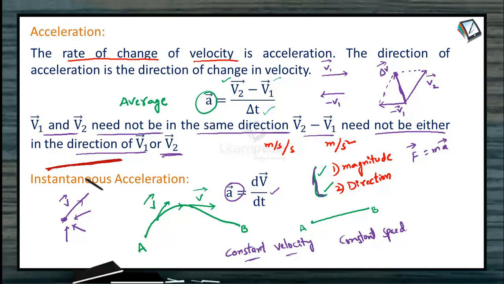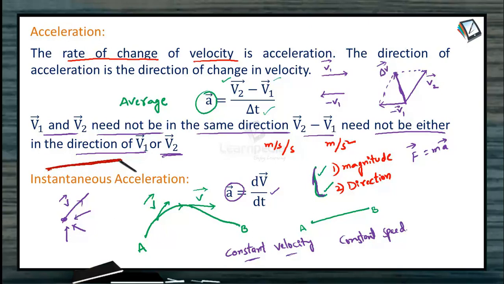Magnitude of velocity may increase if acceleration is along the velocity, and magnitude may decrease if acceleration is opposite to velocity. So one thing for sure is that if we want a particle to follow a curved path, then acceleration must be acting in a direction different from that of velocity.